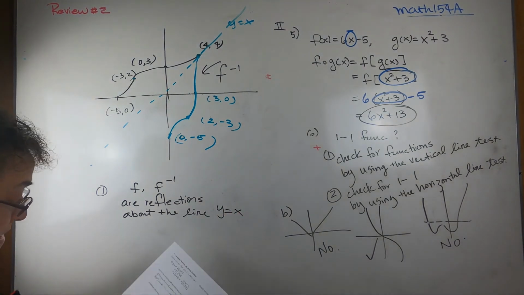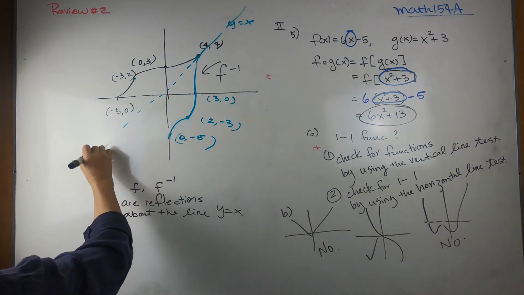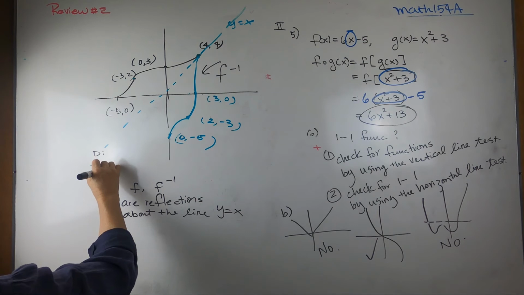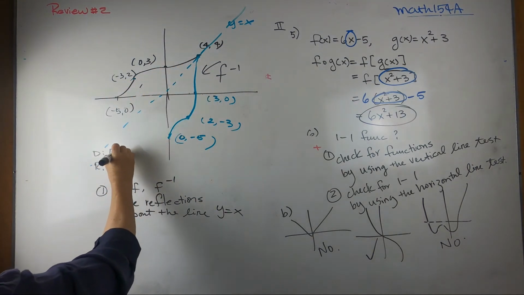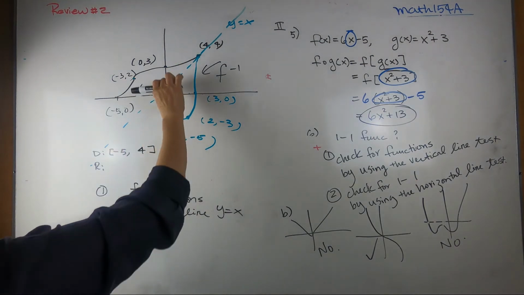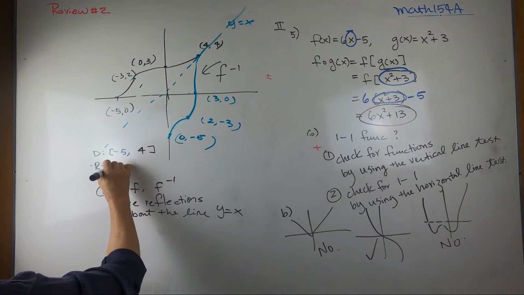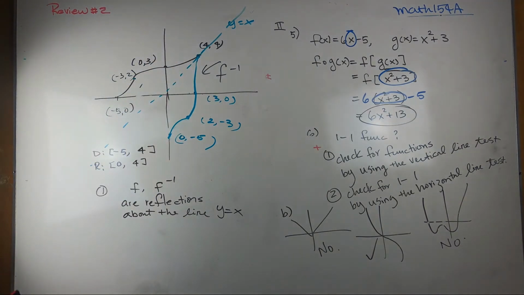Then let's see the domain and range. Domain for the black one, left and right, would be what? From -5 to 4. Range, up and down, will be what? From 0 to 4, right? For the black line, the original one.